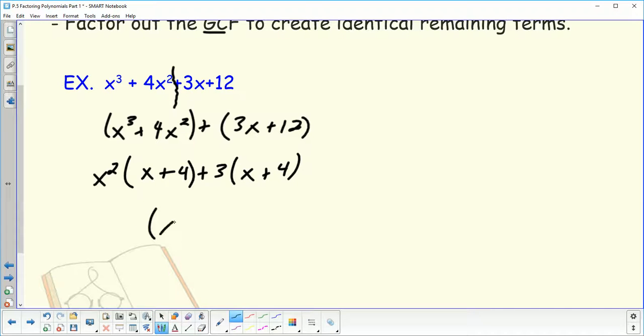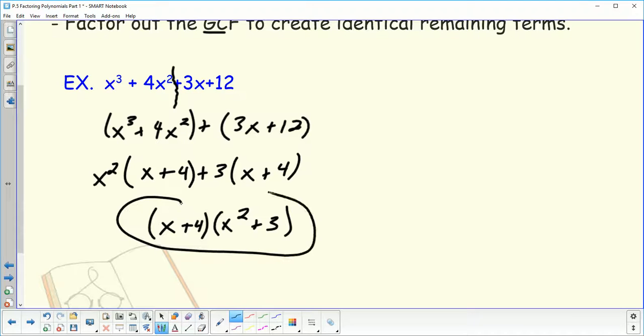And since it is, I can rewrite them as my first binomial. So x plus 4 is the first binomial, and the second binomial is whatever we have outside, so x squared plus 3. And this is a completely factored polynomial, factor by grouping. Sometimes, depending on what we get in here, we could have to factor one more step. We don't in this case, though.